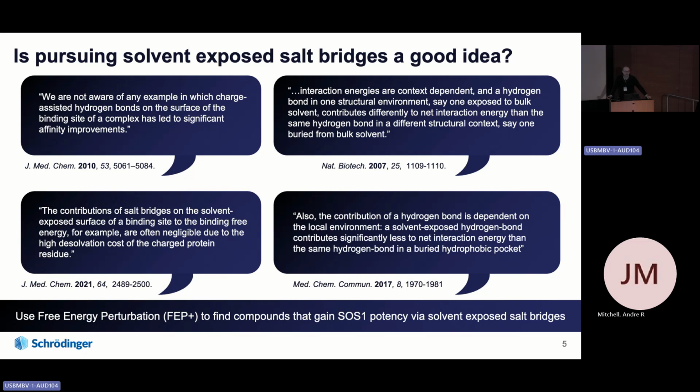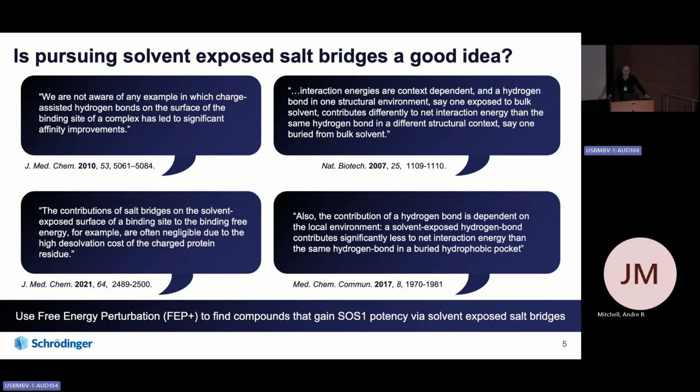But again, in this discovery program, we didn't really have any other choices that we could see. And so we discussed it as a team. And the answer that the chemists came back to us was, well, look, we're willing to make the synthetic effort to go after this idea, even though it's unconventional, even though the chemistry is going to be hard.